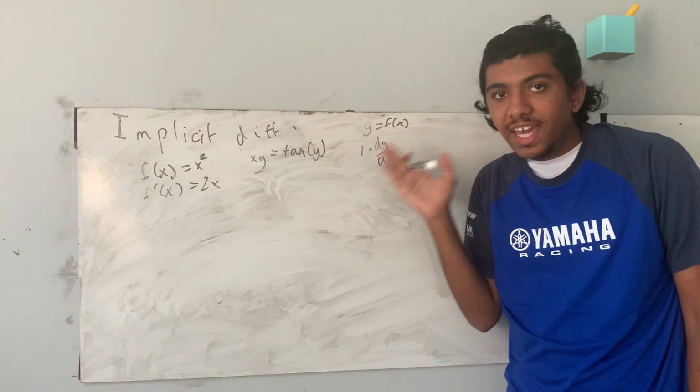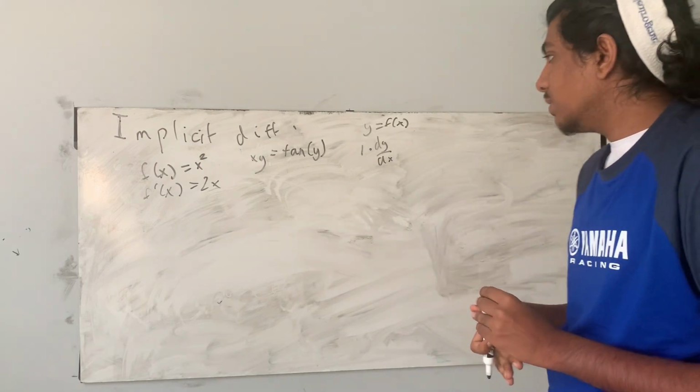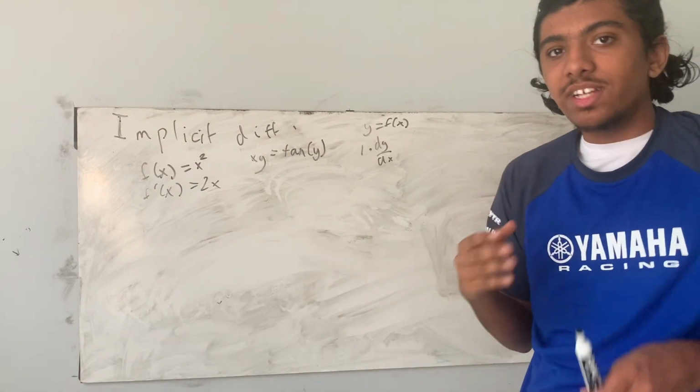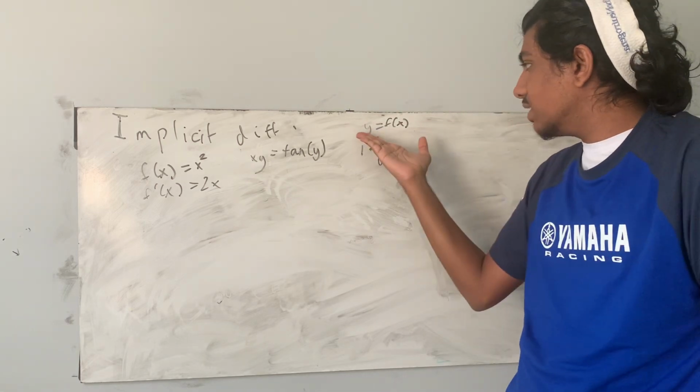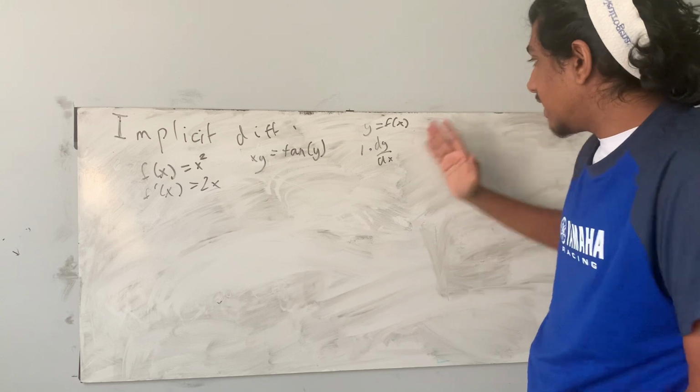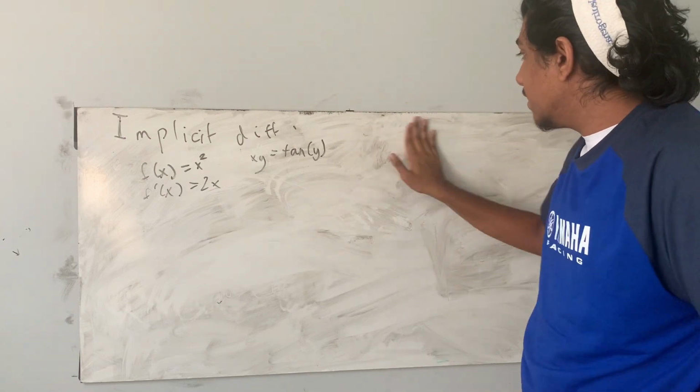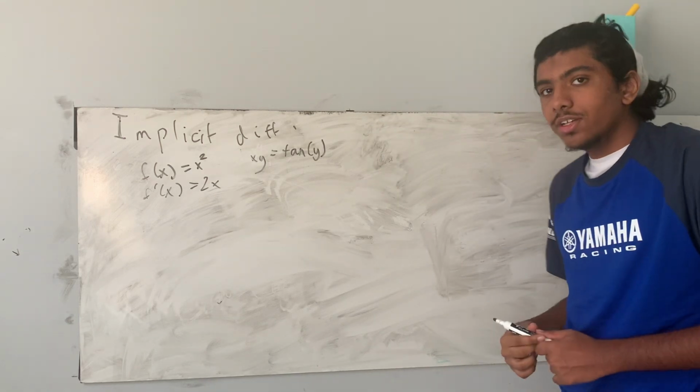Because this is technically the chain rule. That's what the chain rule is at its very core. You're taking the derivative of the outside, and you're multiplying by the derivative of the inside, which is the derivative of y. That's the entire idea behind implicit differentiation.